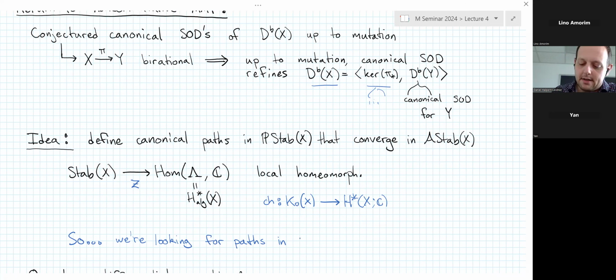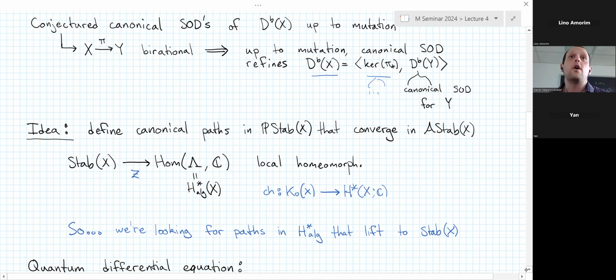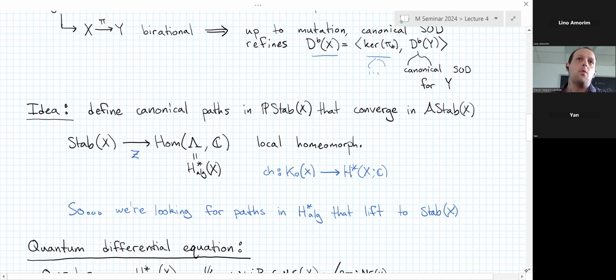We're looking for paths in H-alg, or its dual, that lift to Stab of X. Bridgeland's theorem tells you that a path in the stability manifold is just a starting stability condition and then a path in this vector space that lifts. So it's getting much more concrete where our semiorthogonal decomposition should come from, and there's already a well-motivated source of these paths, which is the quantum differential equation.